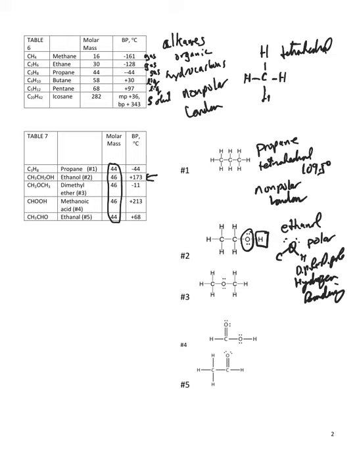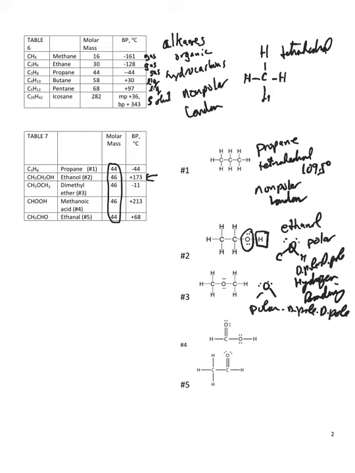Number 3 is dimethyl ether. Once again, we've got oxygen in there, and remember that it's going to be a bent geometry around that oxygen. So it's bent, plus that electronegative oxygen is going to make this molecule polar. If it's polar, it's got dipole forces. Its boiling point is higher than propane, but a good bit lower than ethanol.